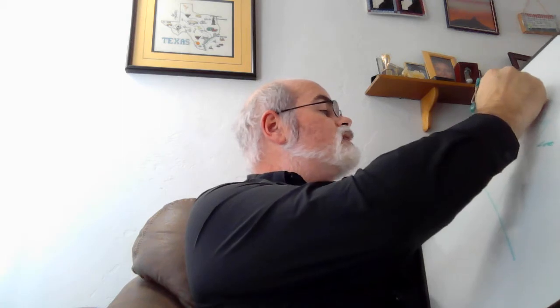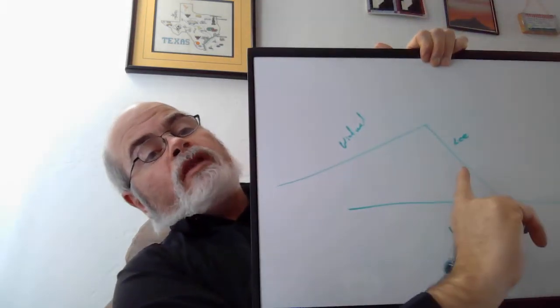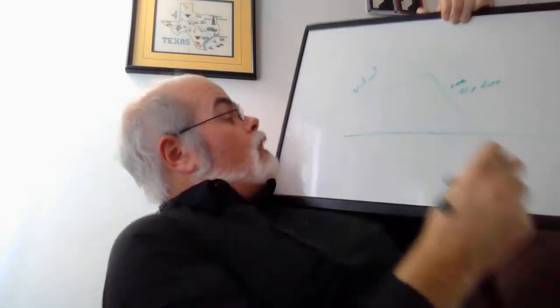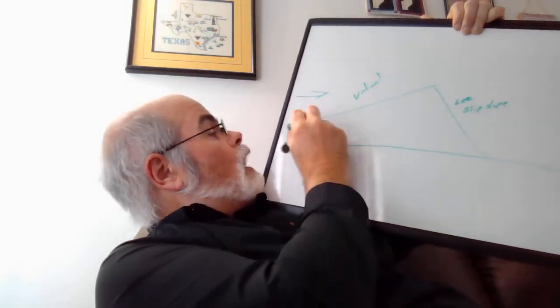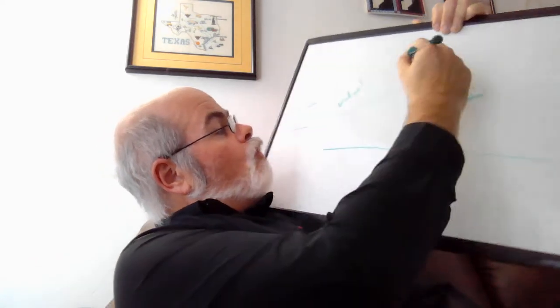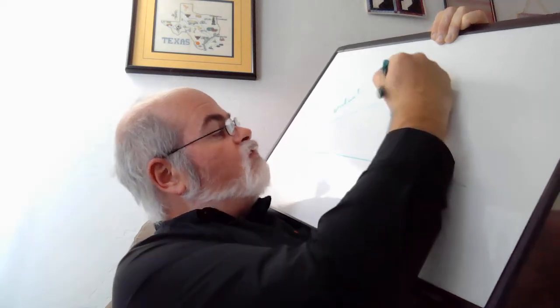The reason it's asymmetrical is you've got one side that's longer than the other side. So this is the windward slope, this is the lee slope, or the slip slope, as it's sometimes called. So what's happening is the wind is blowing in this direction, and it's blowing sand up and over, and it's laying the sand down in a thin layer on this face at the front.